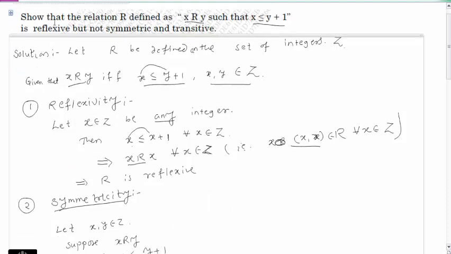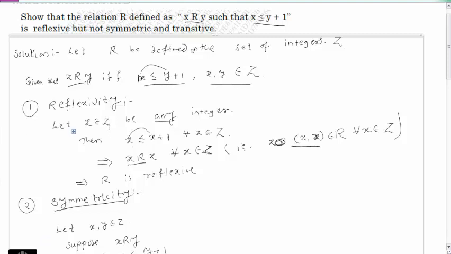Suppose this relation R is defined on the set of integers Z. Let R be defined on the set of integers Z, given that x is R related to y if and only if x is less than or equal to y plus 1, where x, y belong to Z.